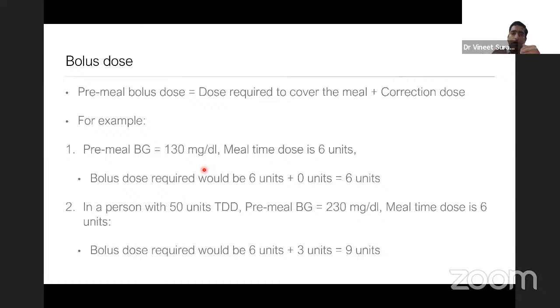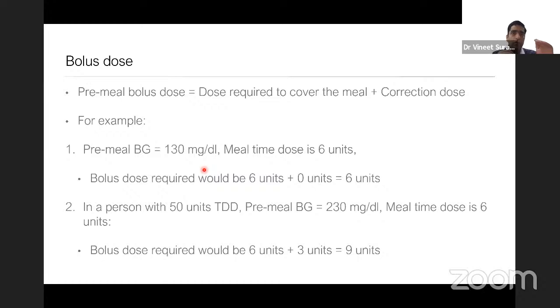They know by heart what their ICR and ISF are, and based on that they look at the food and say, okay, this will have this much carbs, and this much insulin I will take. And most of the time, they come out with a correct dose.